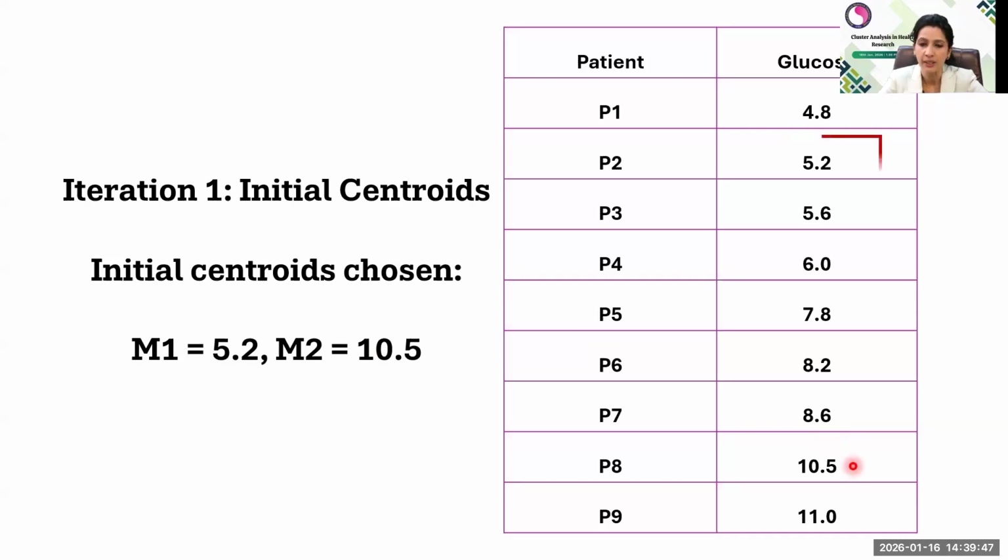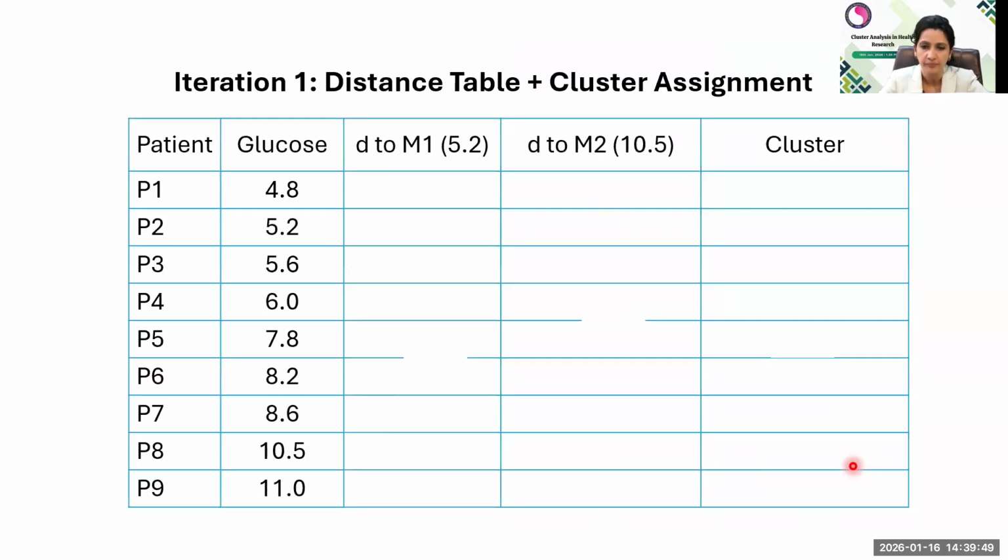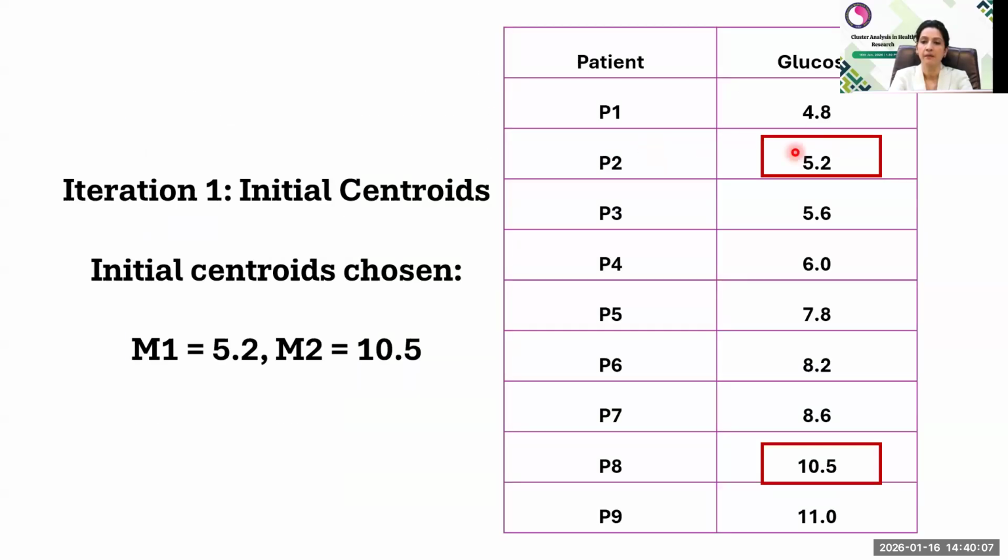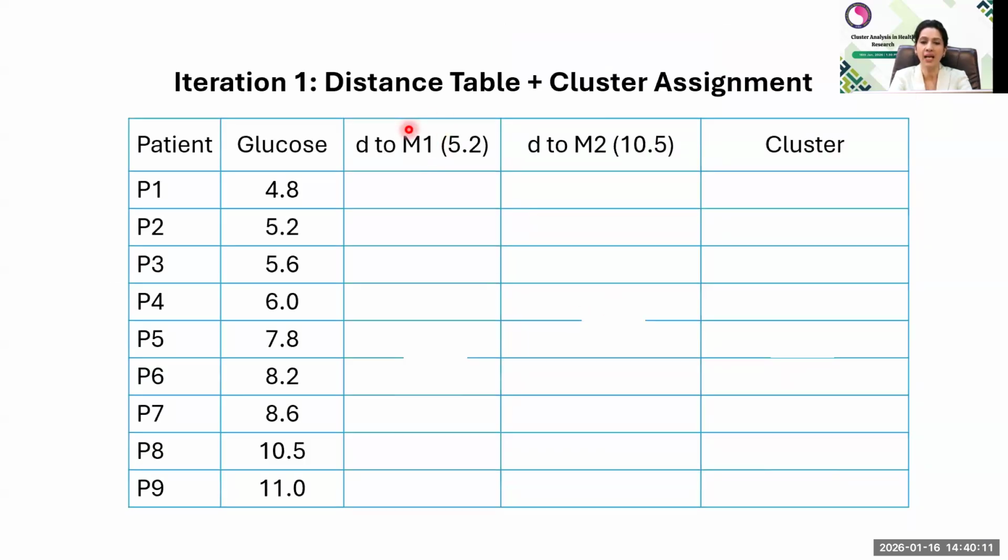Now let's calculate the distance. Just to demonstrate this, I will write how it is done. I have written all the patients like this and the glucose levels like this. And these are the two centroids, 5.2 and 10.5. Remember? 5.2 and 10.5. Now I will calculate the distance of 4.8 to 5.2.